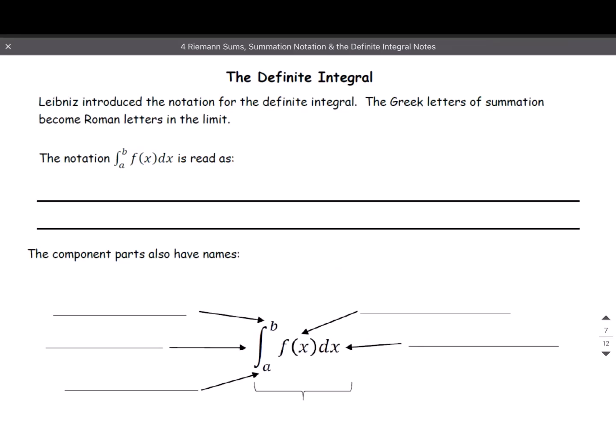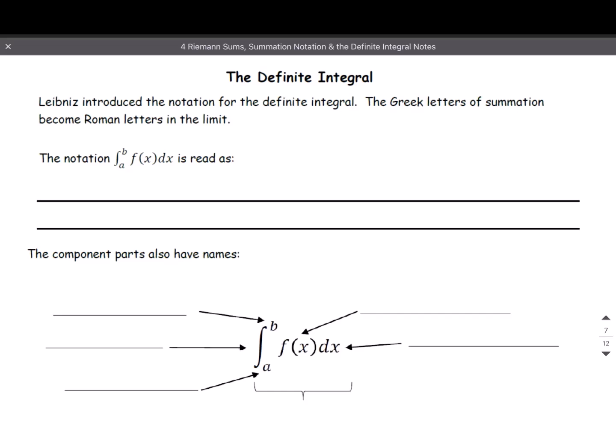Now, Newton and Leibniz discovered calculus separately around the same time. We tend to use Leibniz's notation. The Greek letters of summation, which is what we were using before, become the Roman letters once we've taken the limit. So that's where this integral symbol comes from.